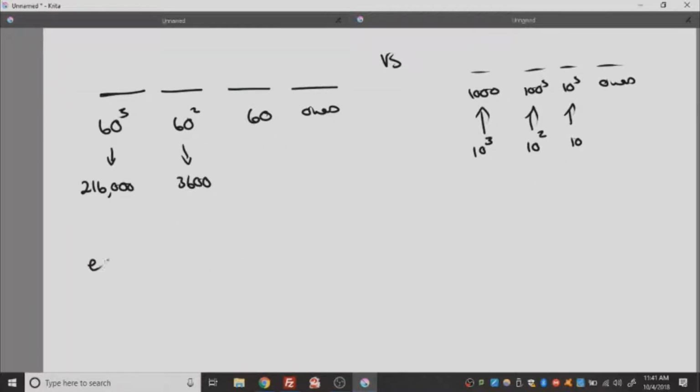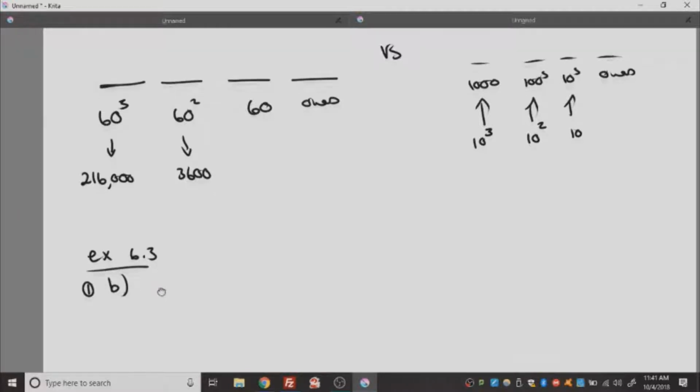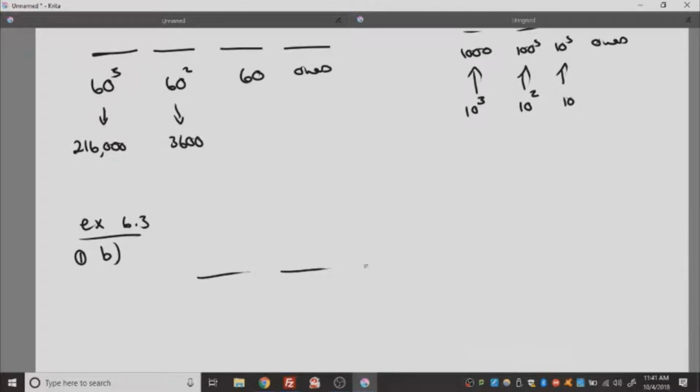So if we now go to that exercise, 6.3, number 1b, we see we have 4 places. Left to right.